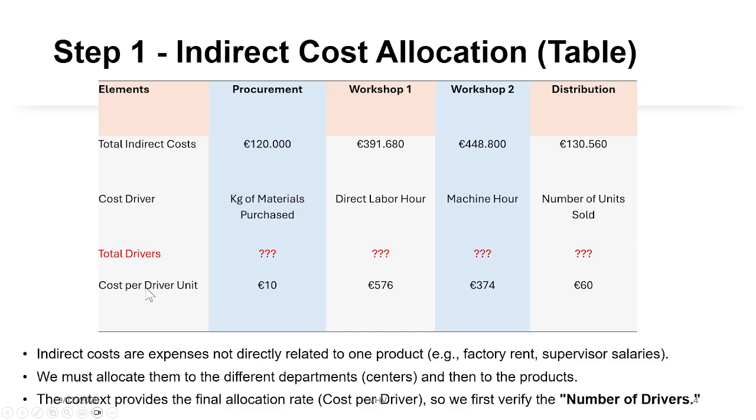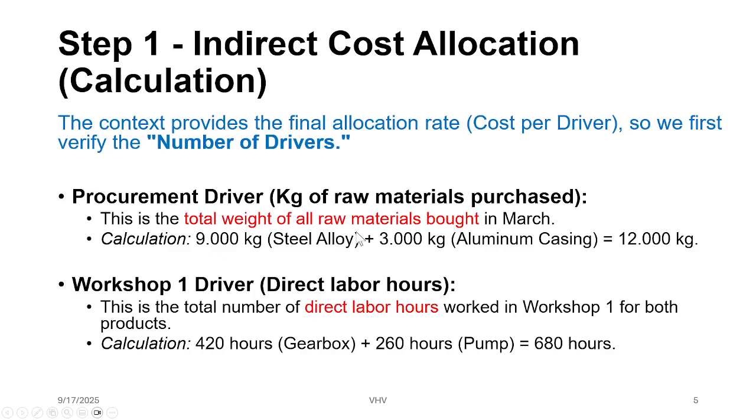So here in this table, you can see that they mention the cost per driver unit. For example, procurement is 10 euro, right? And so on. Let's calculate the total driver for each of our four centers.